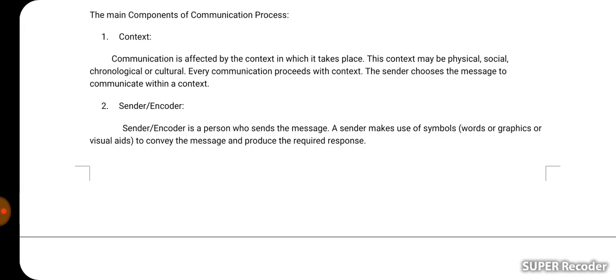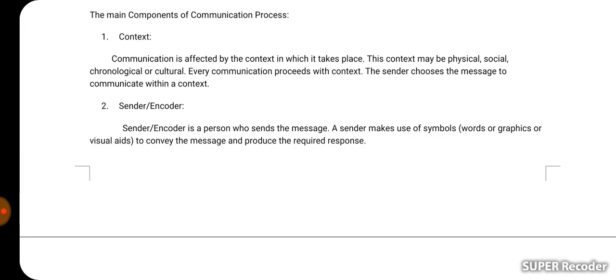He may either be present physically, or he may be in the society, or he may choose an order for his speech to deliver, or he may choose the culture in which he will communicate. He will look to the context, the culture in which he delivers a speech.